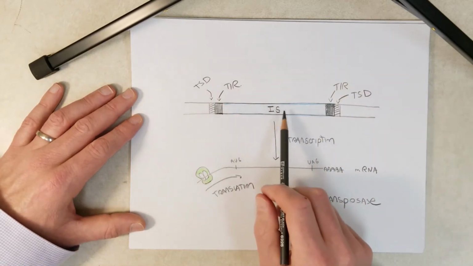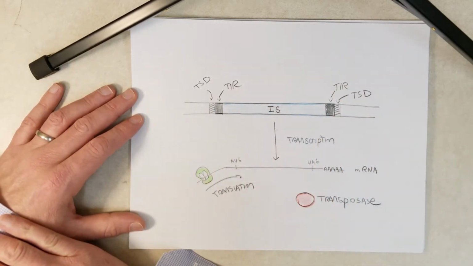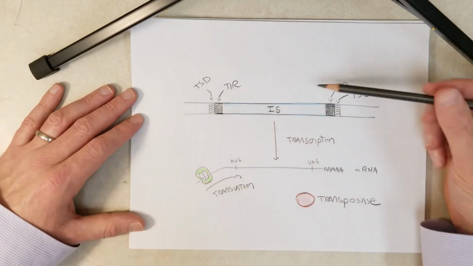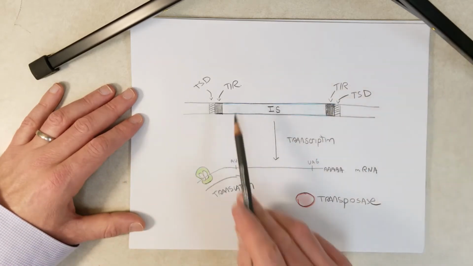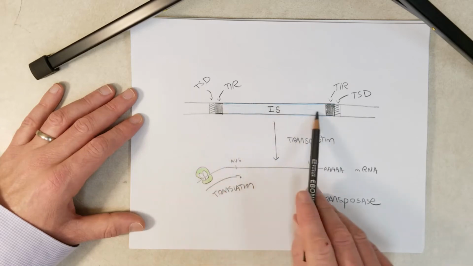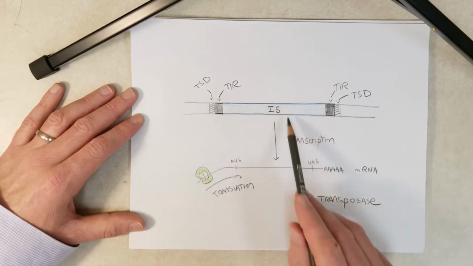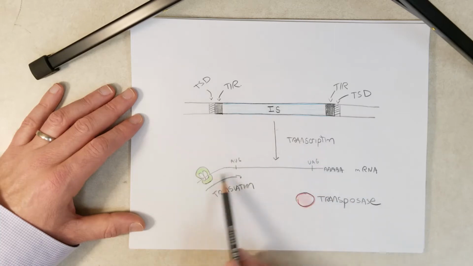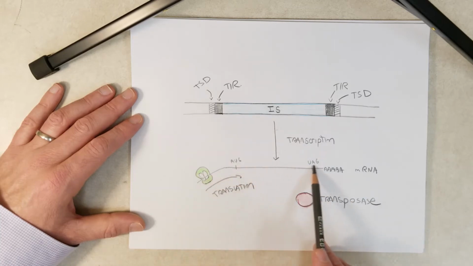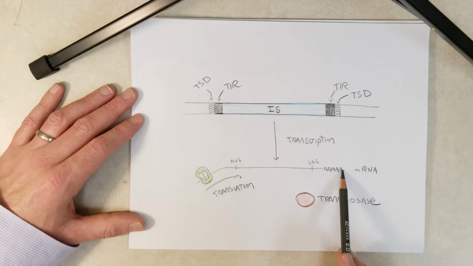So, okay, how does this move to a new location? Insertion sequences, IS elements, that's what they do. They move to new locations of the genome. So what would happen is whatever the transposase that is in here would be transcribed by RNA polymerase. So I have transcription here, and I have this messenger RNA as a result of transcription.